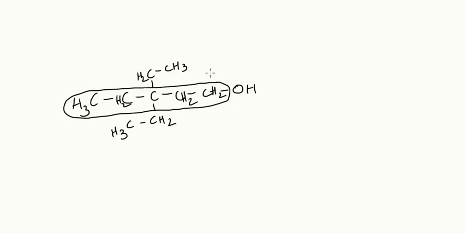So now again, you would be doing the numbering from both the ends. As we know, we always give the preference to the functional group. So this numbering system won't be accepted as it's giving the number 5 to the alcohol, and in this one you are getting the number 1. So now the chain would be named as, here it has 2 ethyl groups and not methyl, because if you see, there are 2 carbon atoms which are together in a chain.